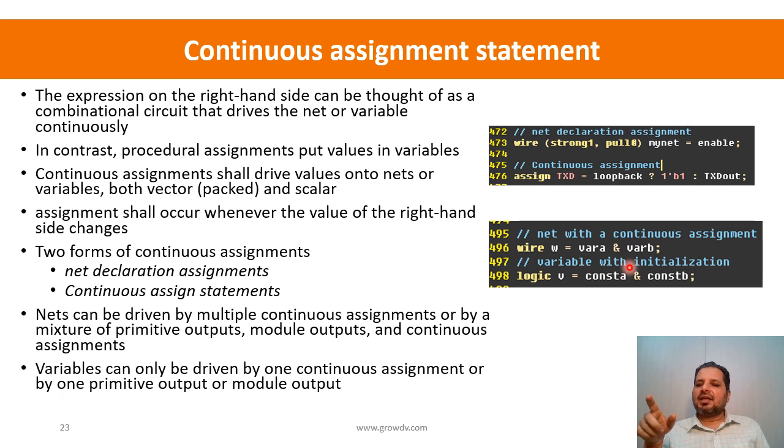Eventually if they change again, unless you call another assignment statement, the value of v will not change. That's the main difference that you might want to take note of.